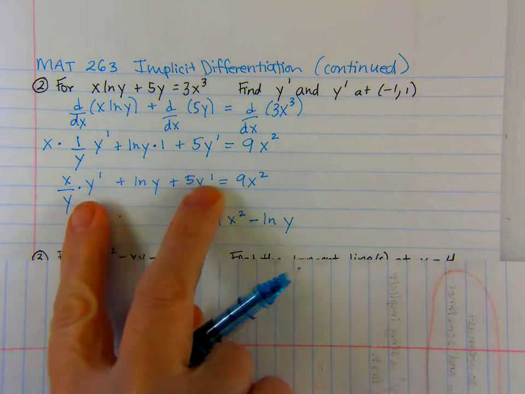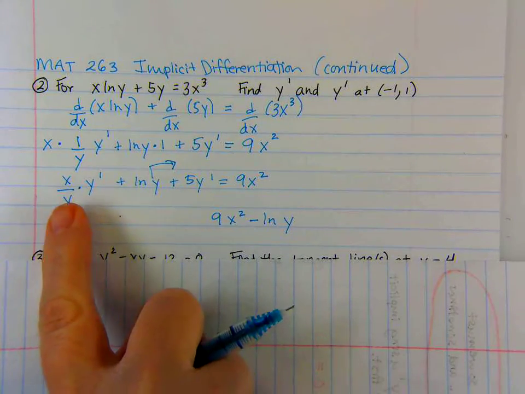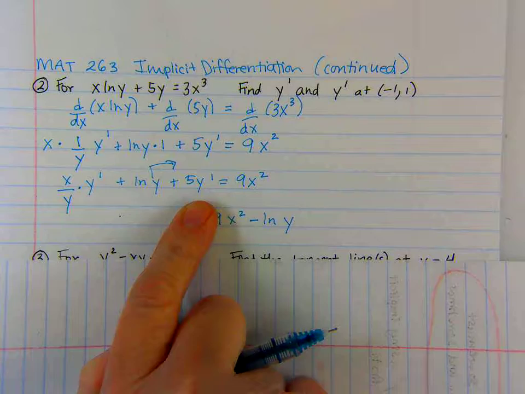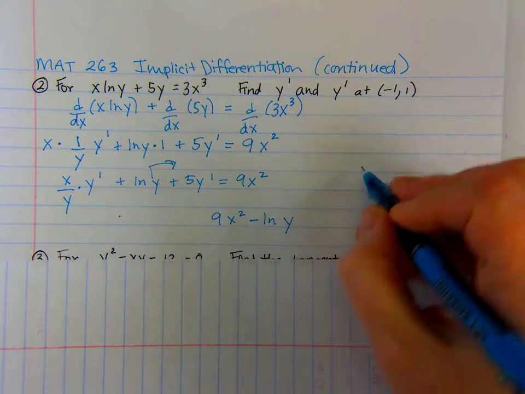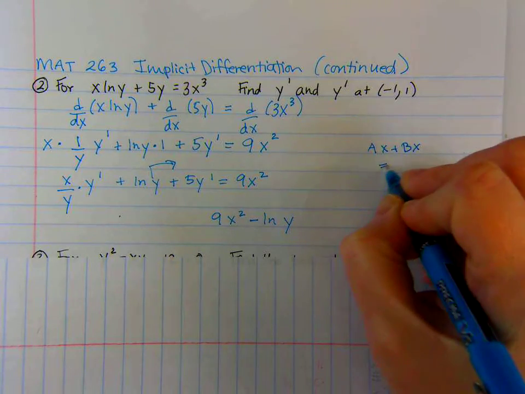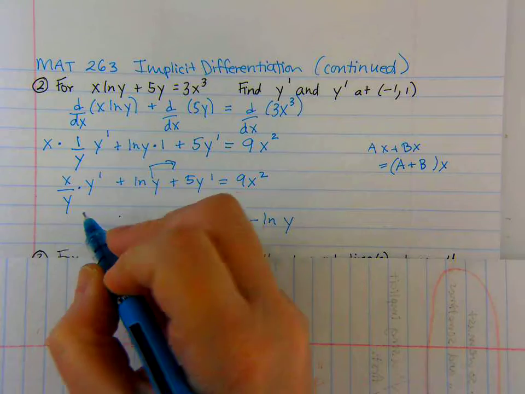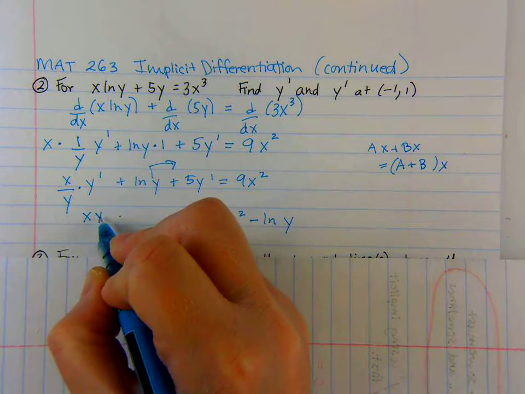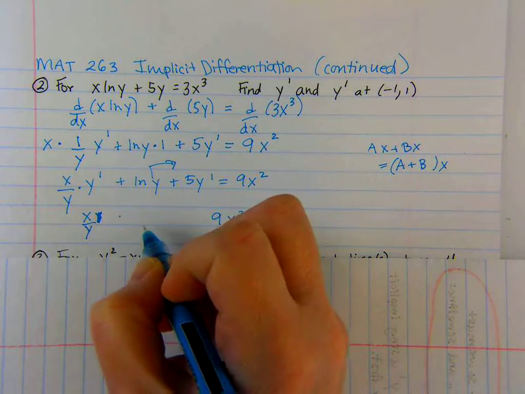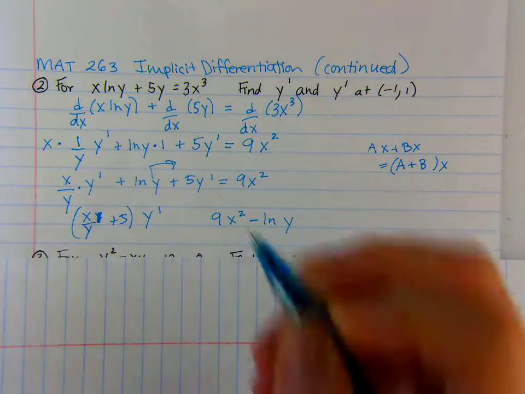And then I have two terms that have a y prime in it, so I moved that over. I have an x over y prime and a 5y prime. Well, just like if I had ax plus bx, that coefficient, when I add them together, would be a plus b. Same thing here. I will have x over y plus 5 y prime.